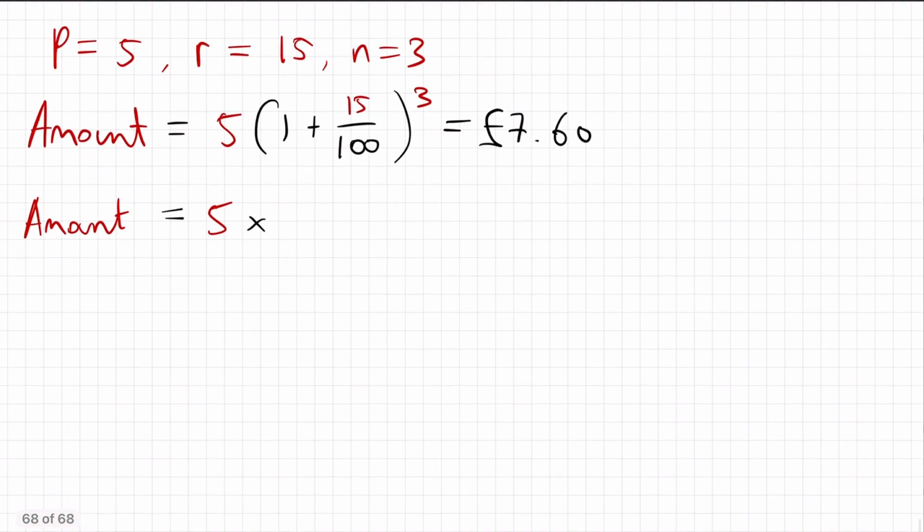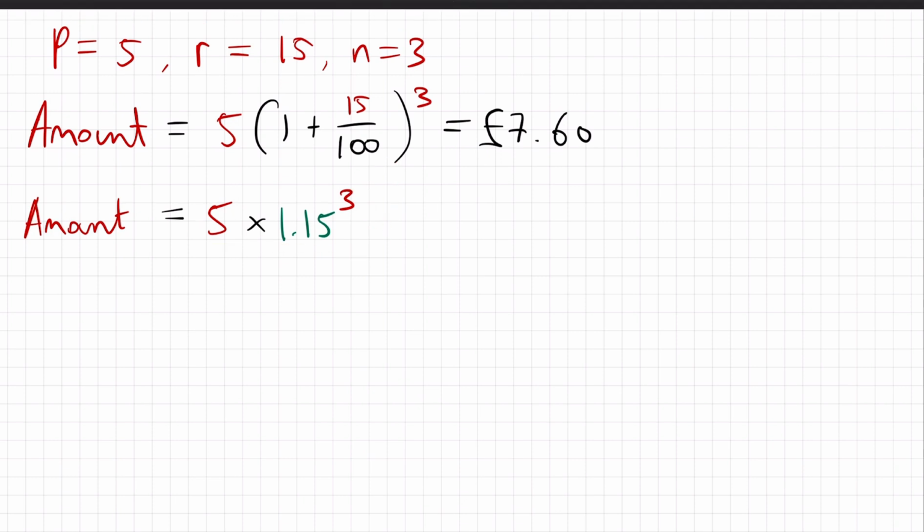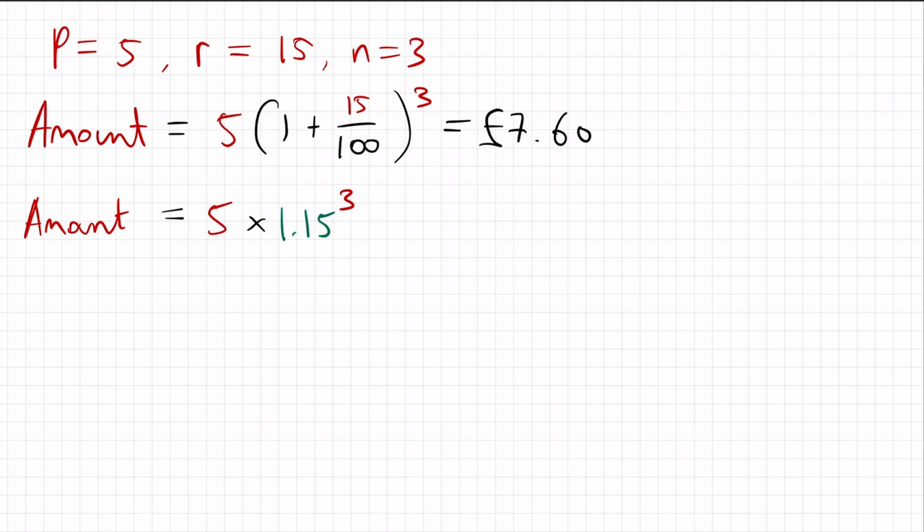So we times by 1.15 and just raise this to the number of years, so 3. You can see how this is exactly the same as that, because if we add together these fractions, you'll get 1.15, and then you're just multiplying. So there we go. I'm just going to write this over here.